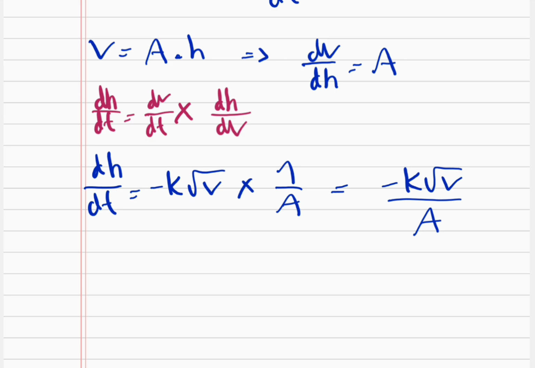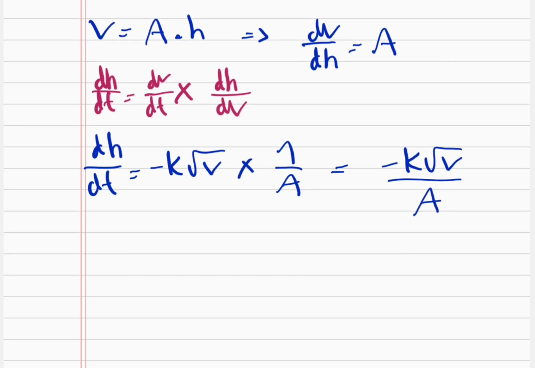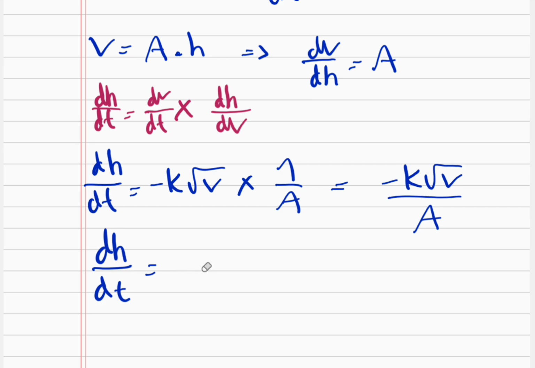So we can simply show this with lowercase k, to follow what the question has done. So we can therefore show that dh by dt is equal to minus k. But before that, there is one more step, so let's just do this first.